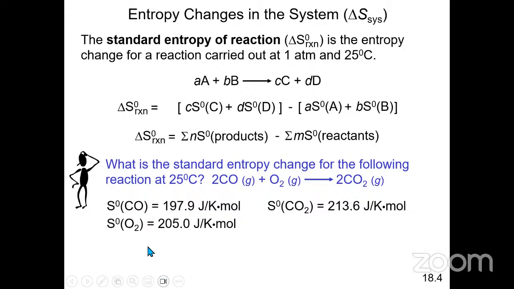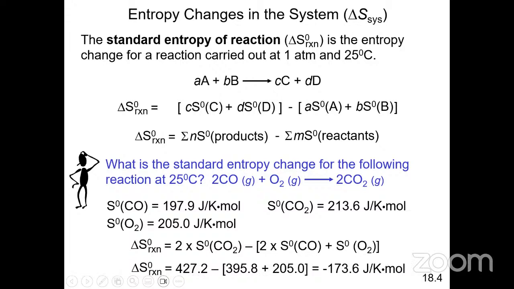The next line is the equation you'd actually use based on this balanced equation. It would be 2 times the entropy of carbon dioxide, because you have the 2 here, minus 2 times the entropy of carbon monoxide plus the entropy of oxygen, all in parentheses. This part is for the products, this is for the reactants, and then all you have to do is plug the numbers in.